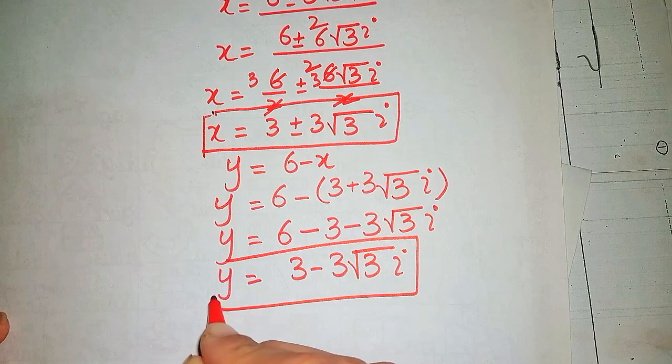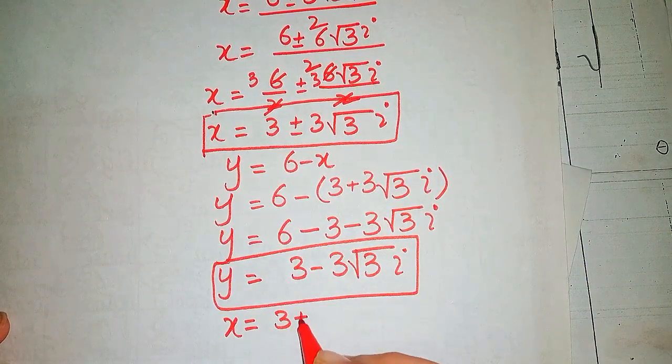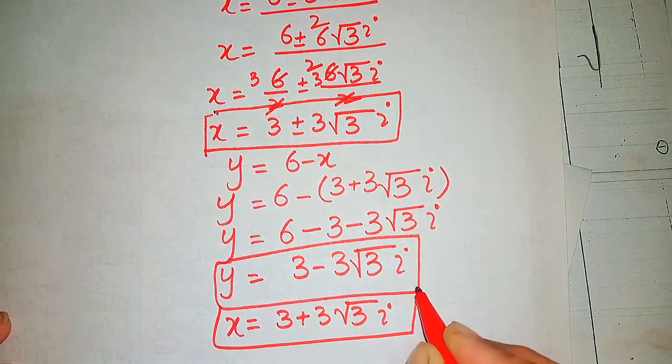This is the value of y when our x is 3 plus 3 into square root 3 iota.